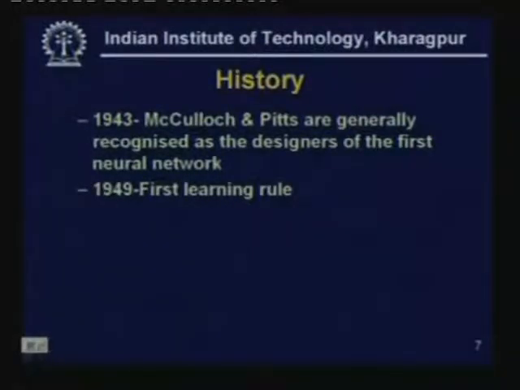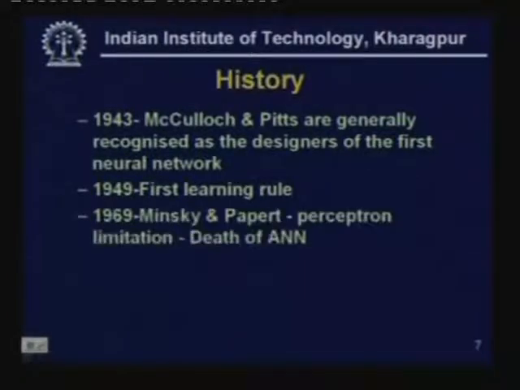In 1949, the first learning rule for neural networks was devised. In 1969, Minsky and Papert published a paper which highlighted the computational or representational limitations of a perceptron unit.